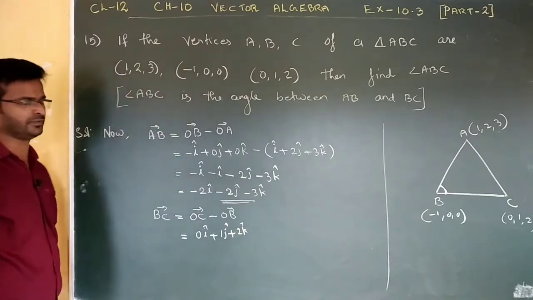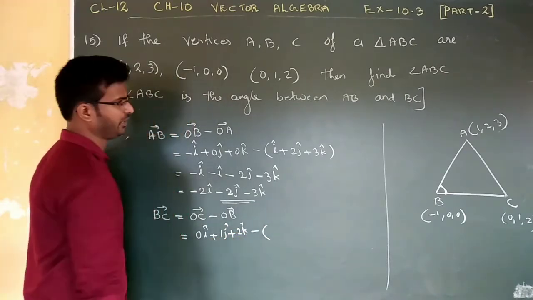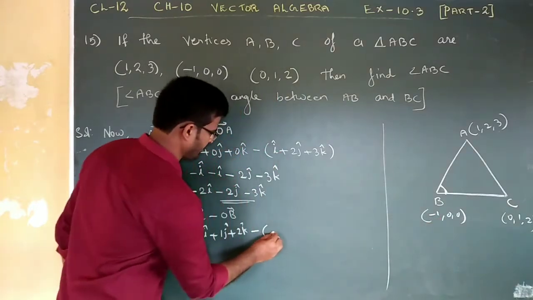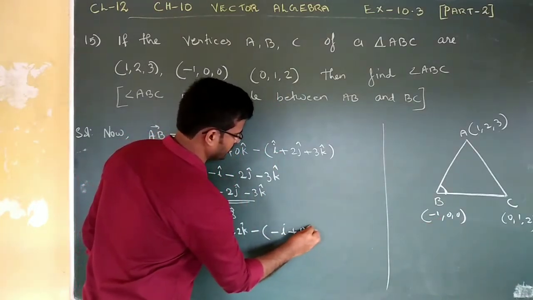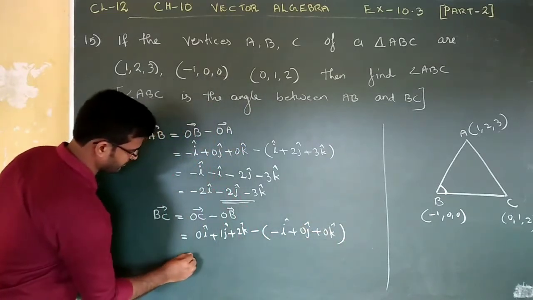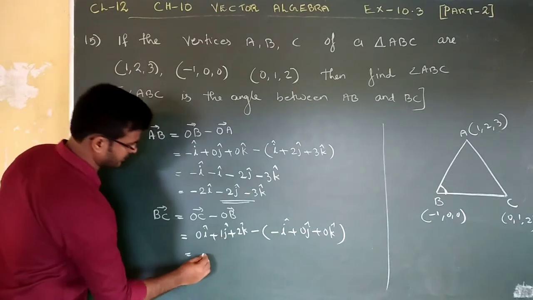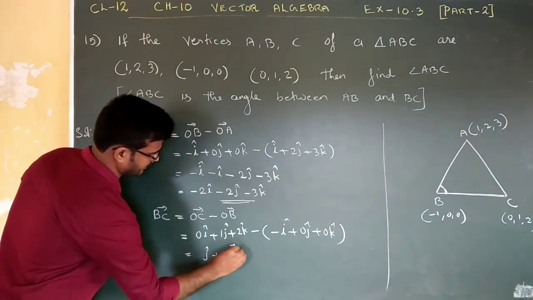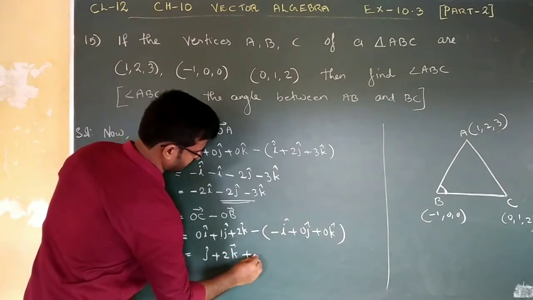That is OC vector minus OB vector. From this point B, we can write minus i plus 0j plus 0k. 0i no need to write, then 1j, that is j plus 2k minus plus i.